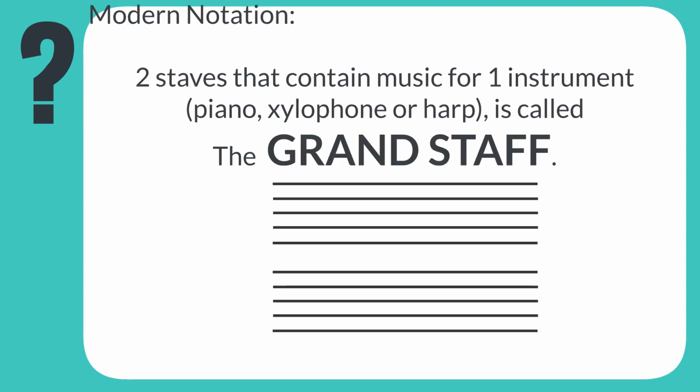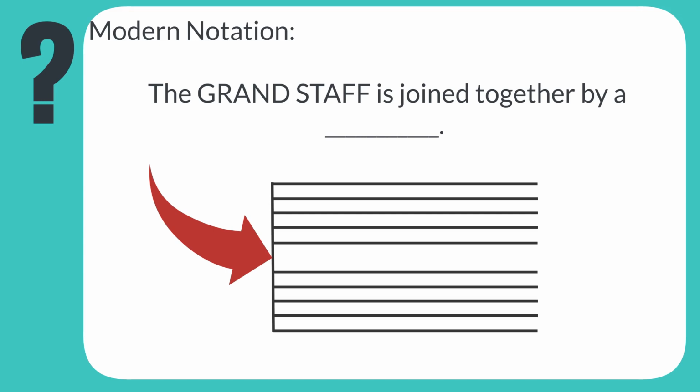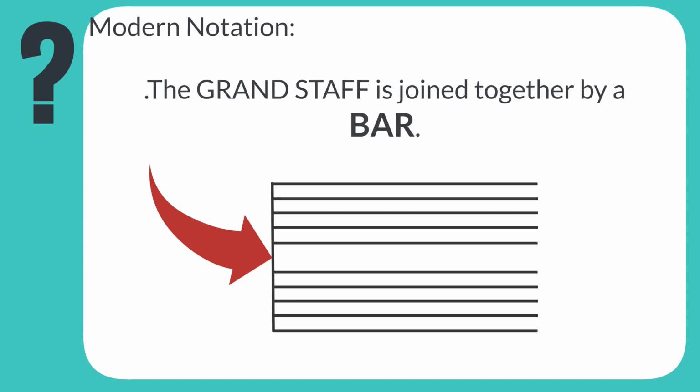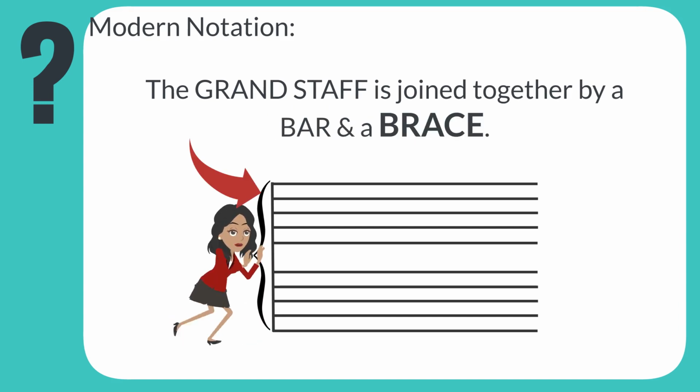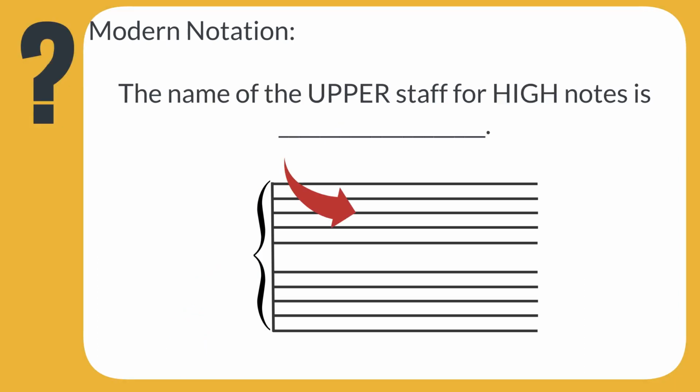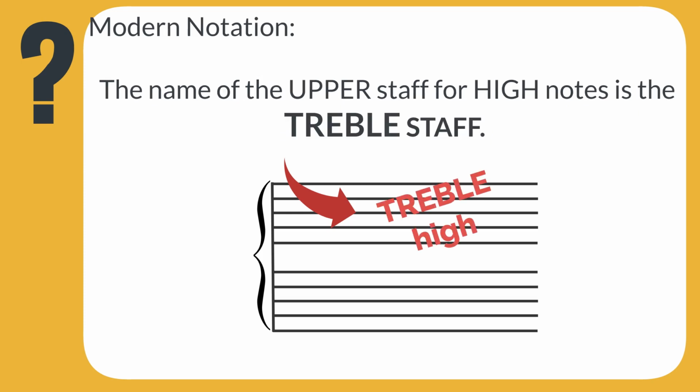Two staffs that contain music from one instrument, piano, xylophone, or harp, is called the blank blank. Grand staff. The grand staff is joined together by a bar and a brace. The name of the upper staff for high notes is treble.